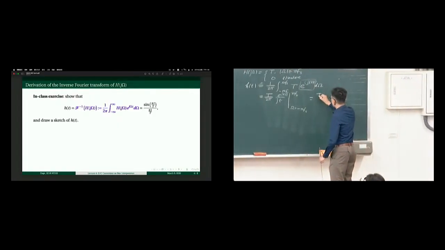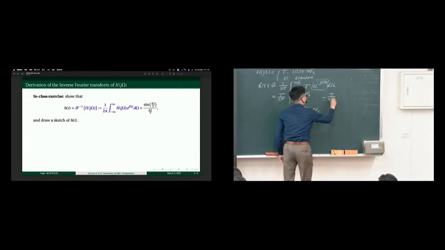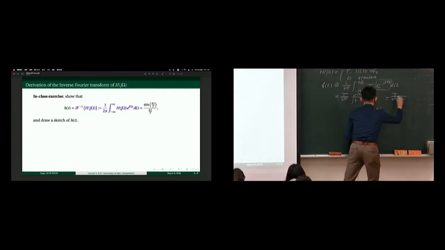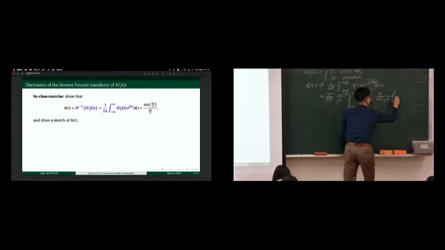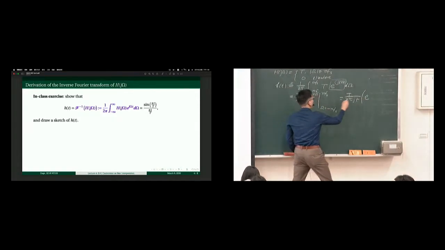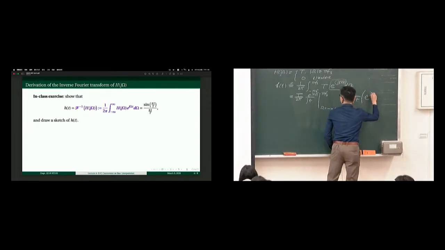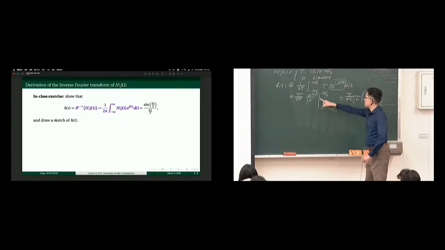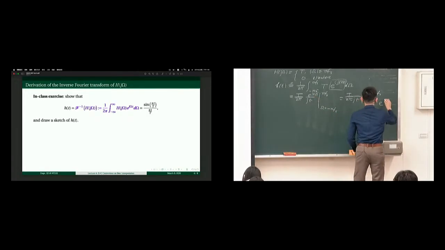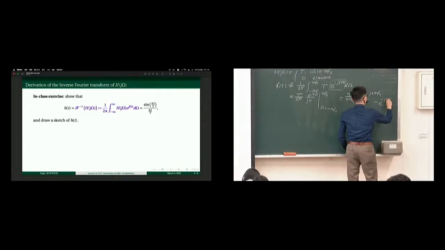So I'm going to copy this, T over 2 pi, and then jt down there, and we calculate e to the plus jt pi fs, minus e to the minus jt pi fs.